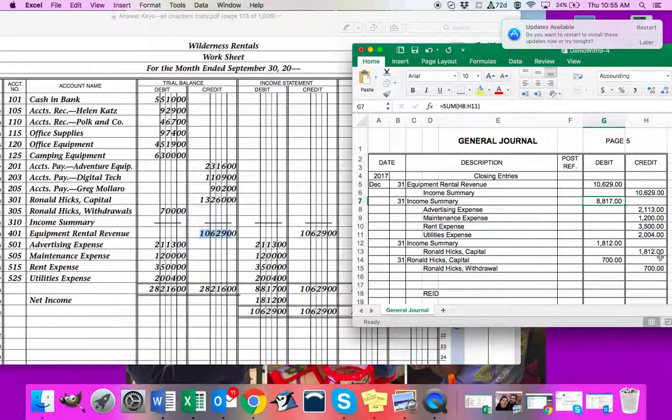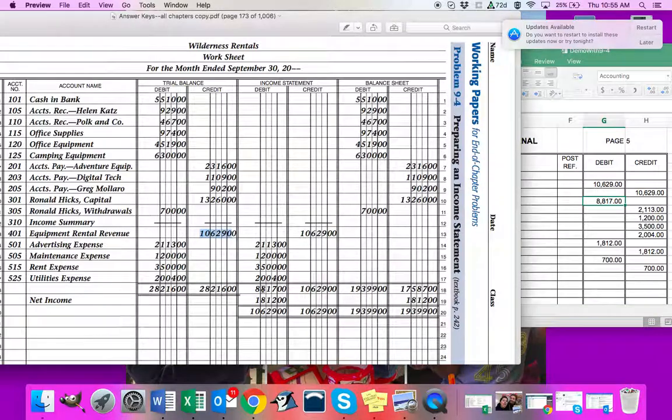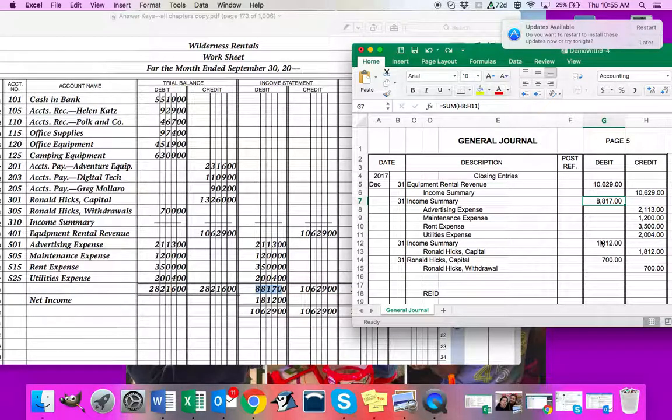Nine times out of ten when I start this, I don't have that amount there. I just leave it blank until I list all my expenses and then add it up. If you add up all your expenses, it becomes $8,817, which is also the total in the income statement columns of my 6-column worksheet, which is just your expense accounts. It's a way to double check yourself.